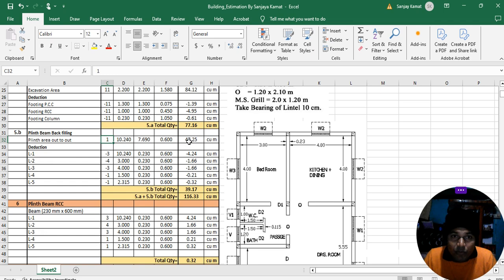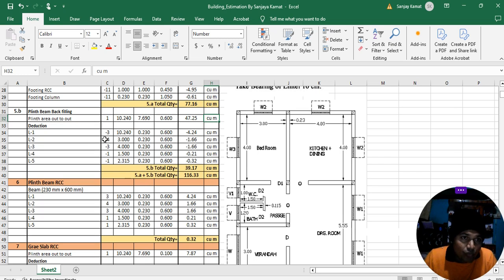How much will it come? 47.25 cubic meter. Okay, once we know the plinth beam backfill, we will do the deductions: deduction for L1, deduction for L2, and deduction for length. We will deduct the length from the original length.